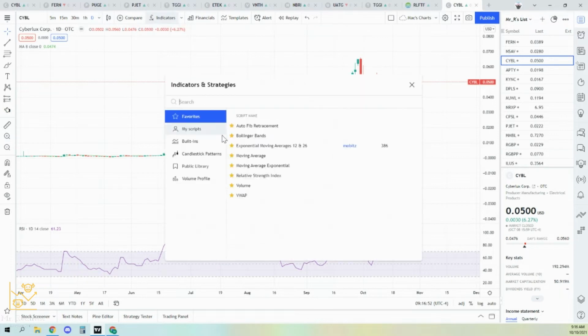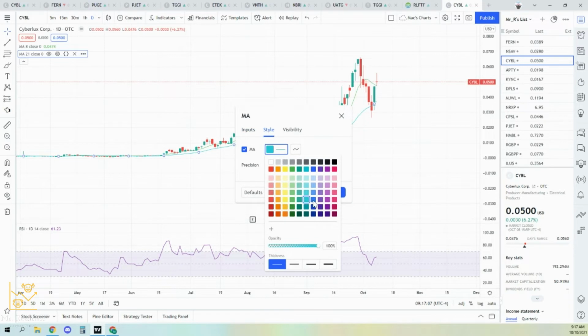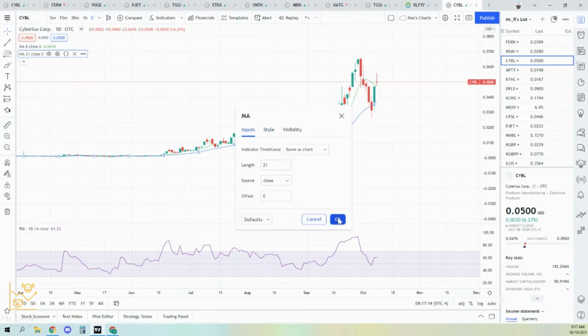By adding another moving average, let's add the 21 next. And my 21, I like to keep blue. Like I said, do whatever works for you. That's it. Hit OK.